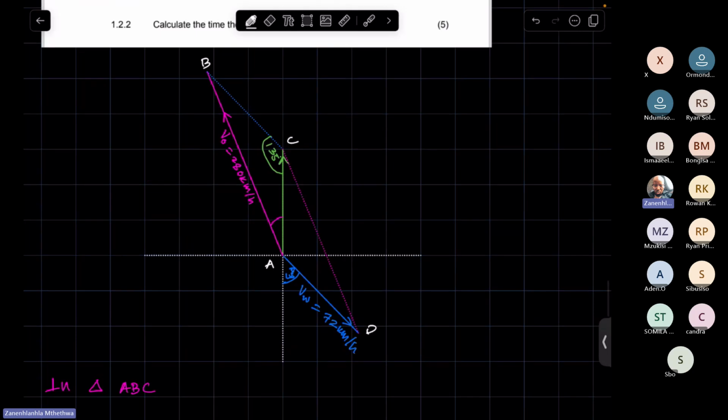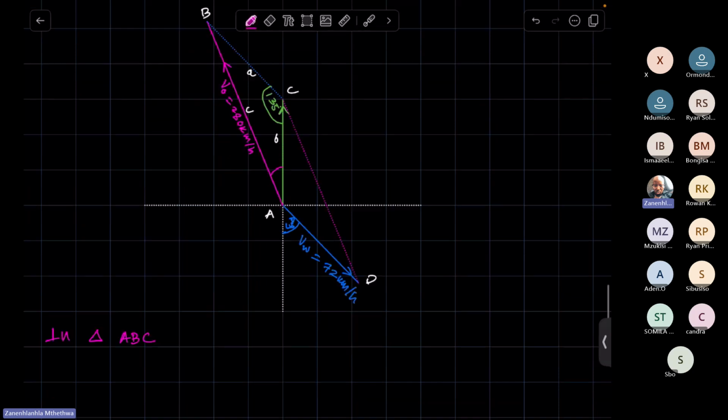This side is A, this will be B, and that is C. The side opposite the angle we are looking for we do have, and the side opposite the angle we have we also have, so we are able to use the sine rule.